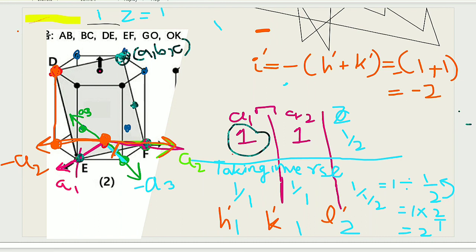So all in all, the I prime index is minus 2, and now we can write out the Miller indices H, K and L. H, K and L is equal to 1, 1, 2. These are the Miller indices for the plane. Okay, and now let us write the Miller-Bravais indices.